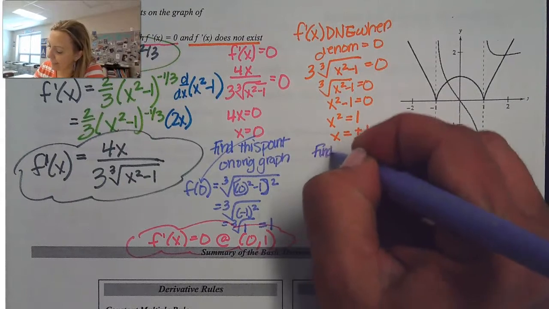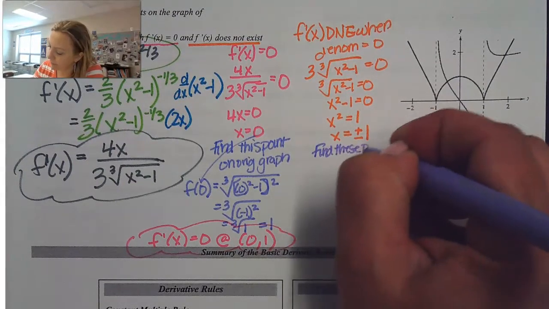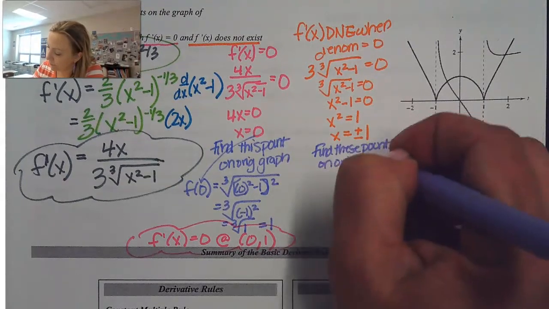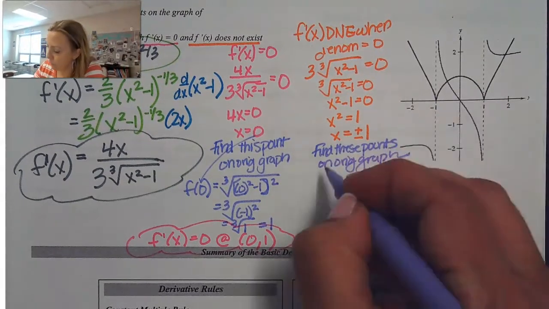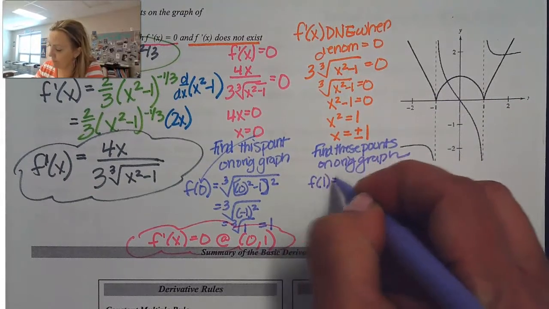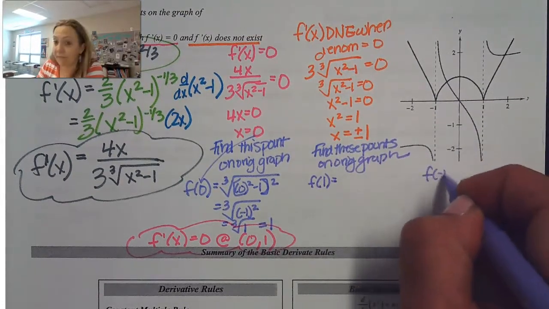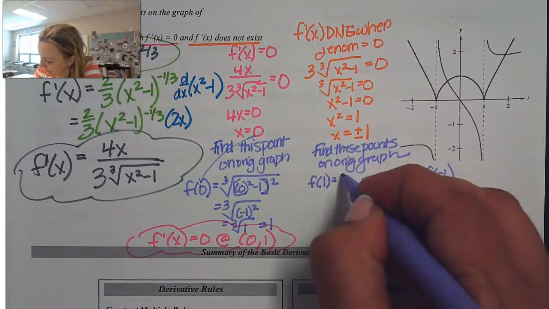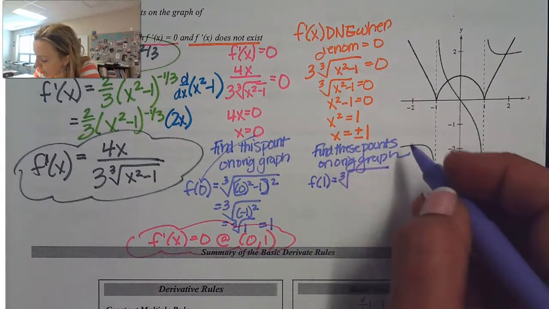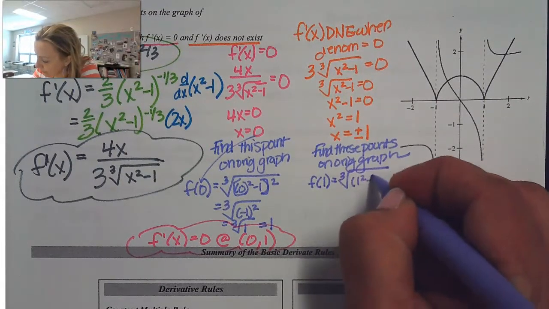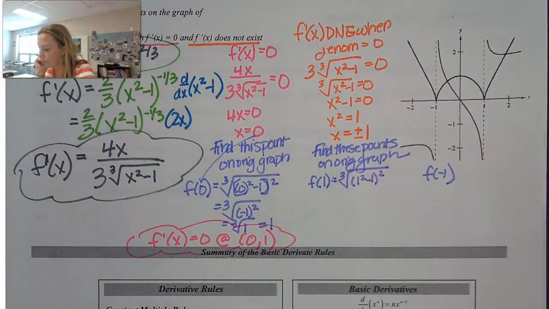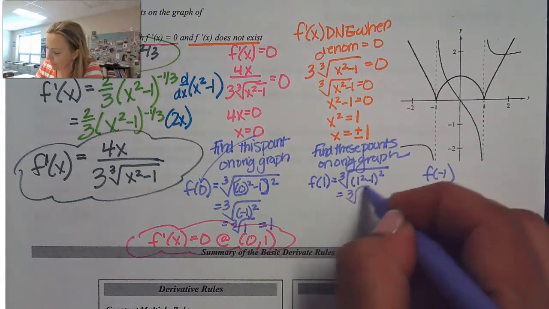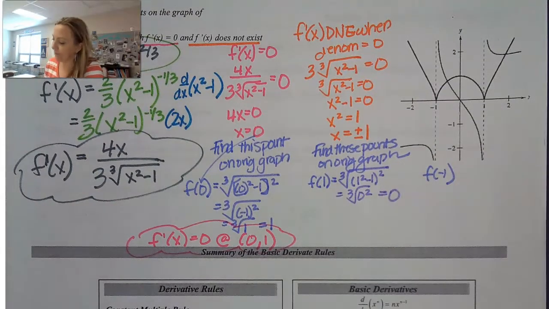Similarly, we're going to find these points on the original graph. So I need to find f of 1, and I need to find f of negative 1 then. So f of 1 is going to be the cube root of 1 squared minus 1 quantity squared. So that's going to be the cube root of 0 squared, which is 0.